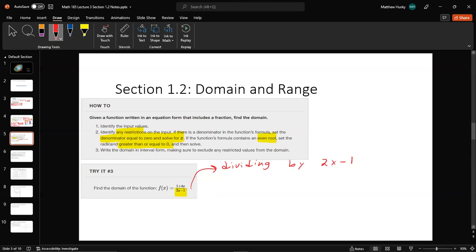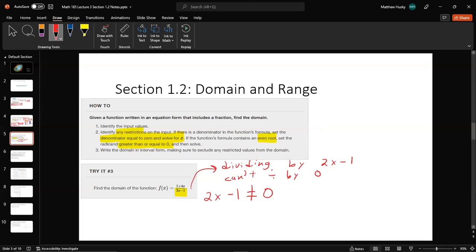That's the first restriction. So essentially, 2x minus 1 cannot equal, which is an equal sign with a slash through it, 0. It's sort of like a no smoking sign. You put a slash through it and say, none of that around here. No dividing by zeros around these parts.